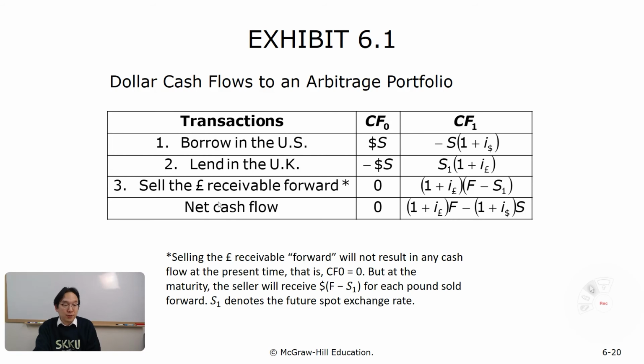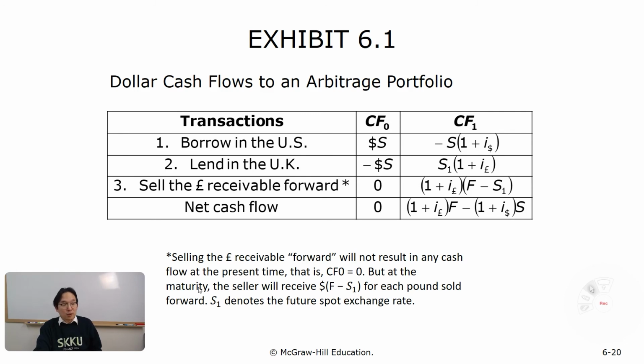Now, the third transaction you can think about is selling the pound receivable forward, because you went into the forward contract to lock in the arbitrage. Selling the British pound receivable forward will not result in any cash flow at the present time. That is 0 times 0.